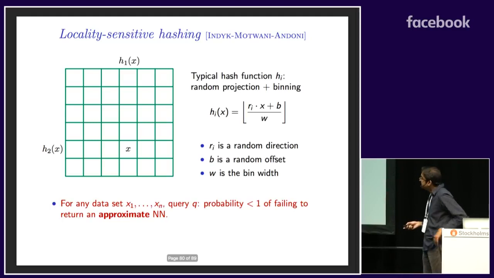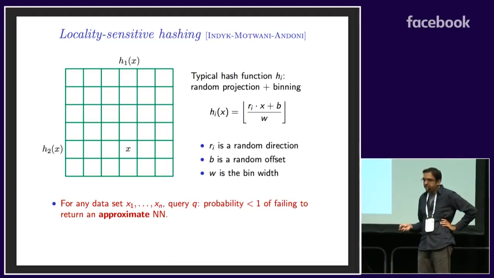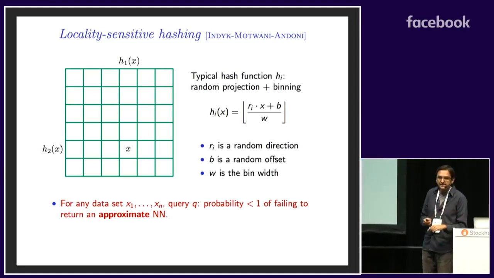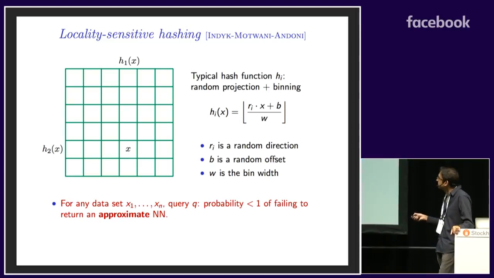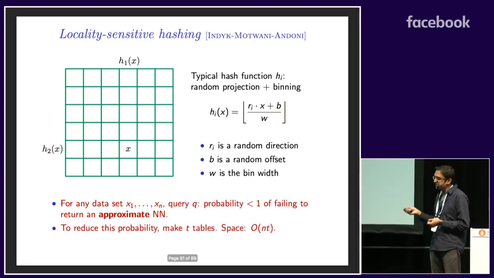And what they showed is that if you do this, then the probability that you fail to return an approximate nearest neighbor, and I'll say what that is, is less than 1. Okay? Let's say it's 0.9. And that's exactly what we need. Okay? Because this holds for any query. So you just need to build a whole bunch of tables.